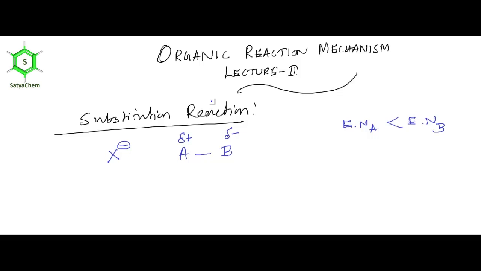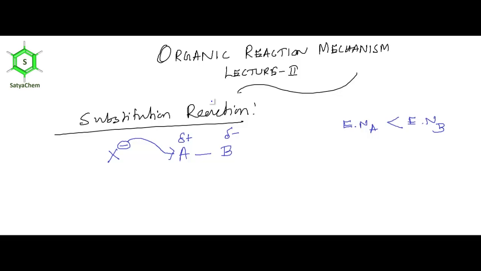Most organic reaction mechanisms follow an ionic mechanism. As X minus is negatively charged and A carries a delta positive charge, X minus will attack A. Now, the normal valency of A is univalent, so when X attacks A, X is going to form a new bond with A.